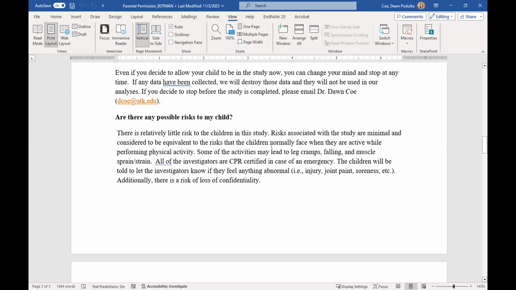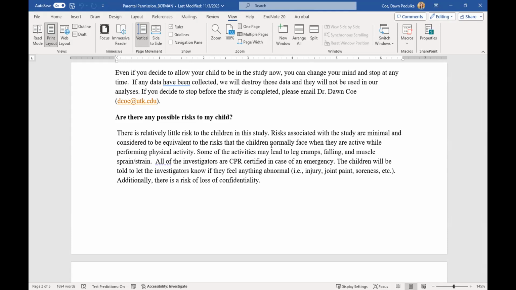Some of the things that may happen to them, if they're doing some of our gross motor assessments, are that they may get leg cramps, they may fall, they may strain or sprain a muscle. We have not, knock on wood, had any of this happen during our studies.